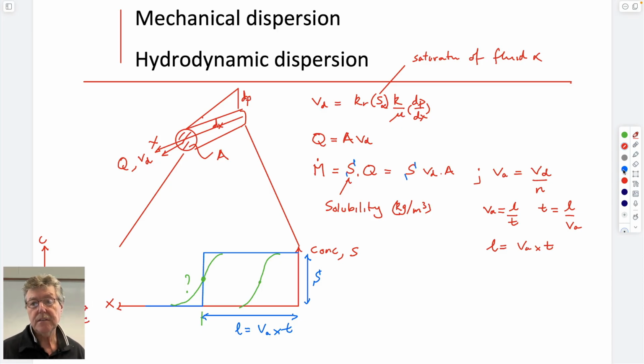And I guess the question would be what this would look like. And I suppose you'd think it would look like this from what you've done before. If Matt gave you any feedback anyway. And this would be the length traveled divided by the advective velocity.